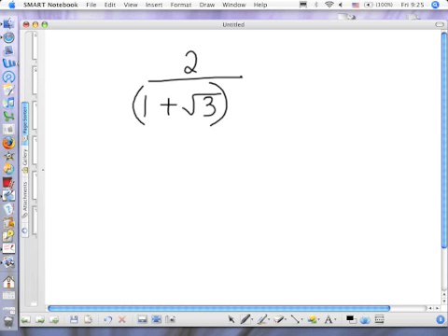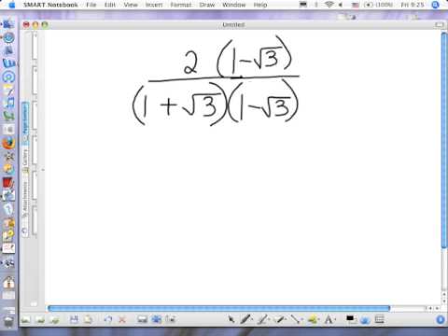So what can I multiply by in order to get my goal accomplished? 1 minus the square root of 3. And as you do this more and more, you won't even have to work out all these steps because you're going to know that 1 times 1 is 1 minus 3 is negative 2.